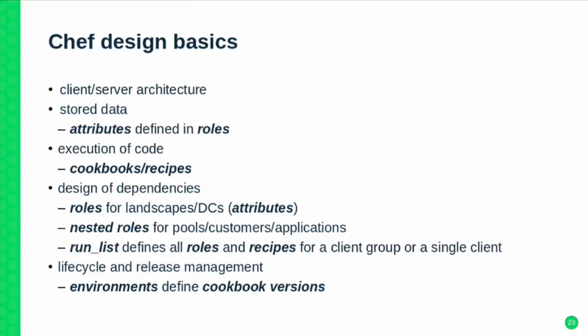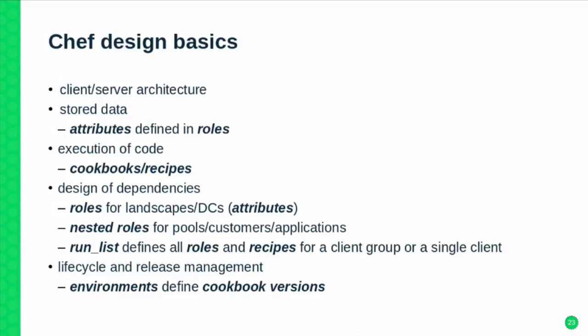We can also override previously set attributes with a new value, for example if a customer uses their own LDAP server. I think we have an example of that later. And then we have the run list, which is the actual concatenated set of things that will be done on the client level.